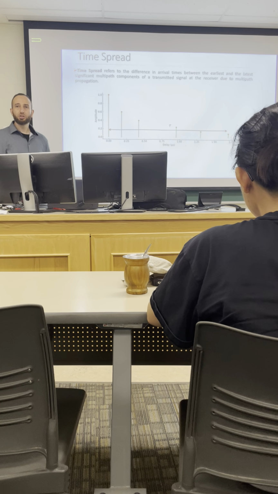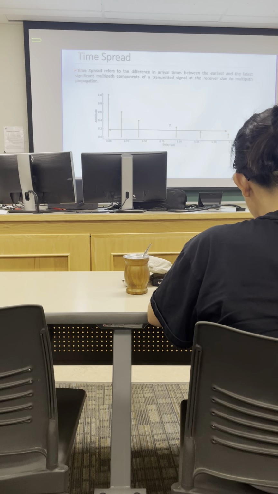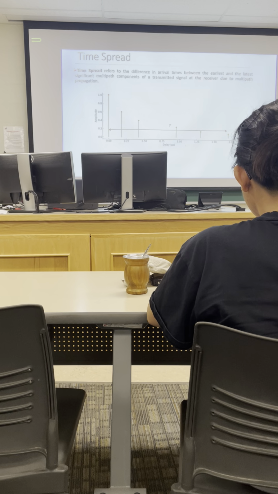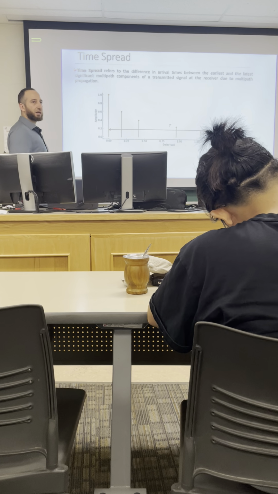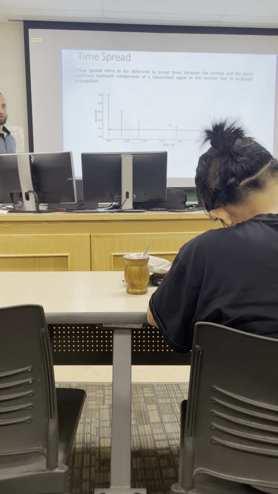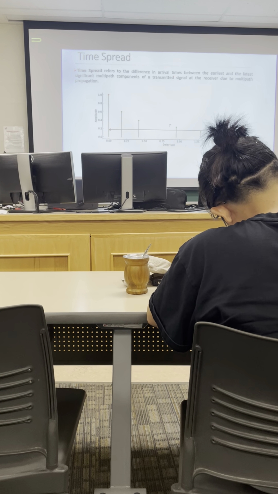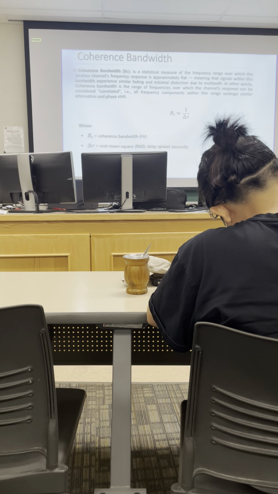So if the duration of your symbol is greater than tau, you will not have inter-symbol interference, or you have minimal interference. But if your symbol is shorter than this duration, you send another symbol before the first symbol ends. So this makes sense.